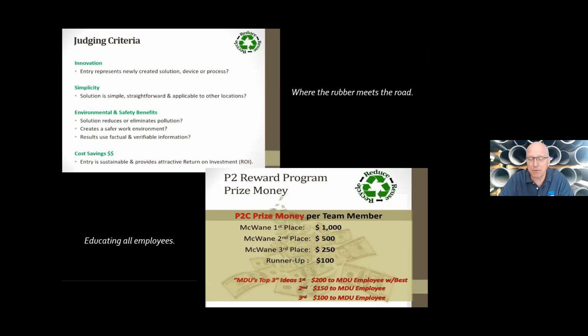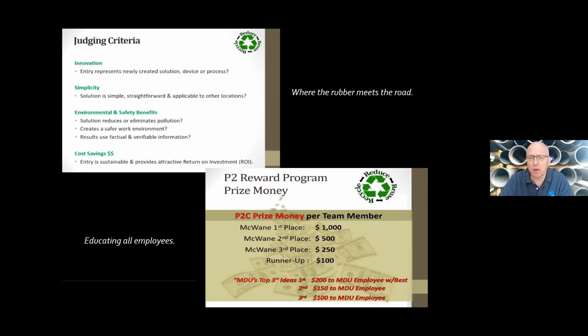If your idea is selected as a finalist in the annual P2C, the Pollution Prevention Challenge that corporate sponsors each year, the placements are based on a panel of independent judges that either work for AFS, the American Foundry Society, or private consulting firms that work for McWane as a whole. They're an independent third-party panel, so there's no bias here.